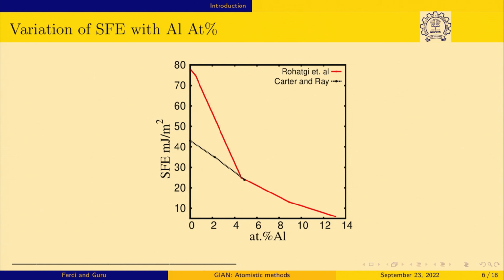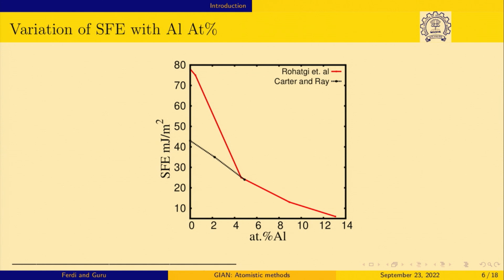There are lots of technical difficulties in finding the distance between the partials, because that has to be done using transmission electron microscopy, and if you are not careful or if you do not account for all sorts of experimental artifacts, then you can get numbers that are really bad, twice the amount. So, Rohatgi et al. report something like 78, and I think that is not quite right, but probably in copper aluminum the stacking fault energy is also corroborated by first principle calculations, for example.